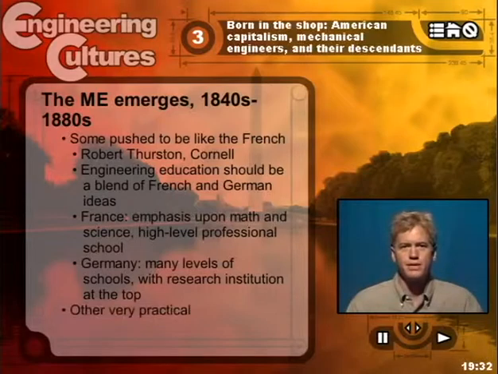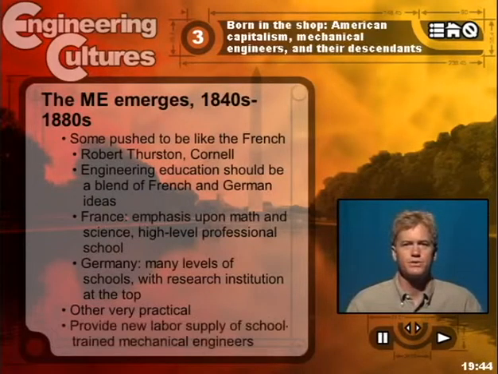Most other land-grant institutions developed an approach to engineering education that was much more practical, at least for the first few decades. But for our purposes now, the key is that the new school-trained engineering system provided a labor supply of mechanical engineers trained in schools for serving the rapidly expanding American industry in the late 19th century.